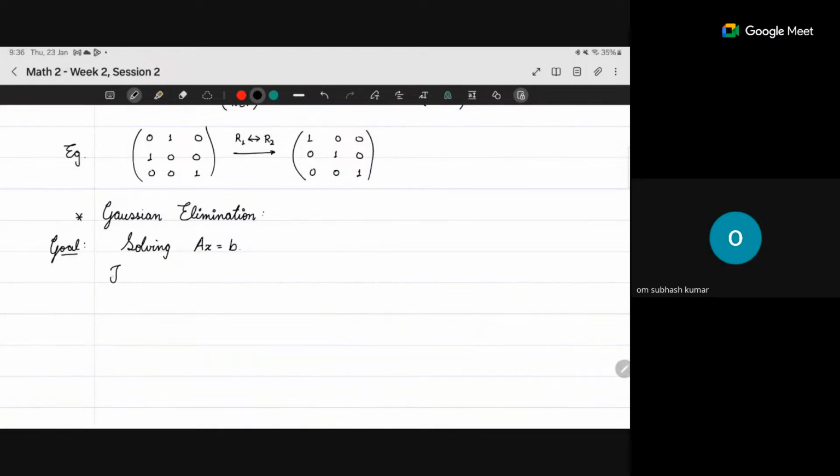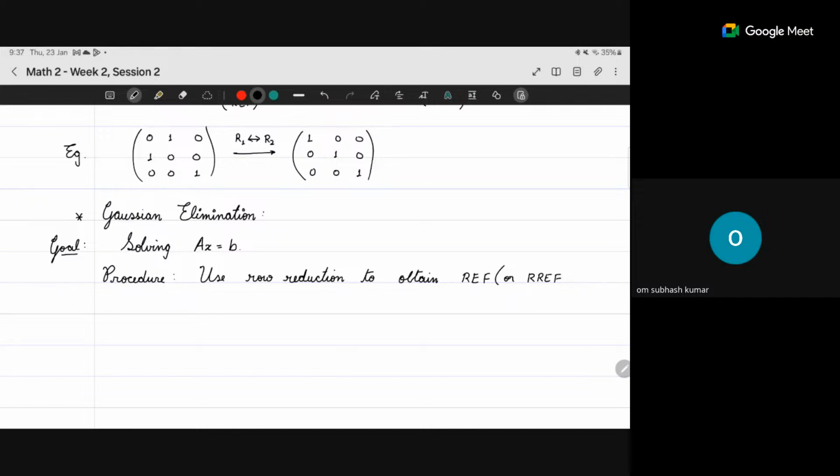So to solve AX equal to B, the procedure is: use row reduction, row operations, but I'll just call it row reduction, to obtain REF or RREF from A. RREF is slightly simpler to solve.